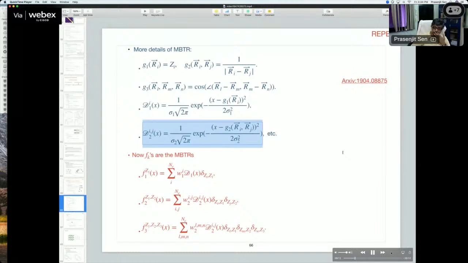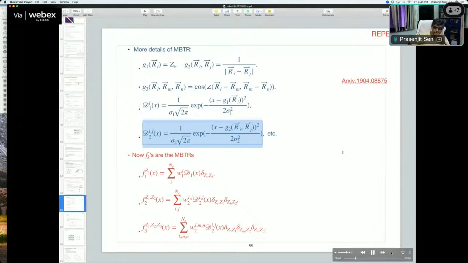All right, and again, sigma 2 in this case will determine the width. So you will have different pair distances, and each pair distance will give you an inverse value. So you will have peaks around those inverse distance values, and then sigma 2 will broaden those peaks.